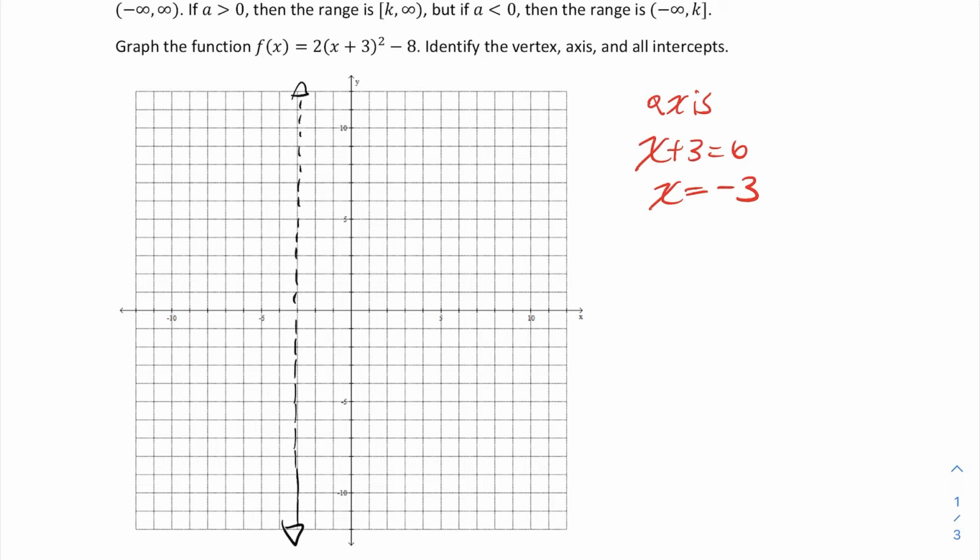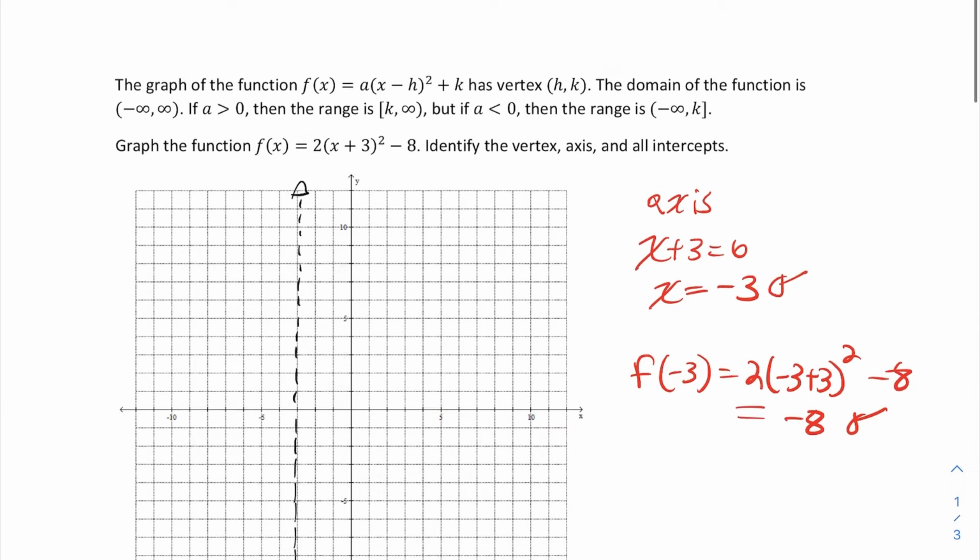And if I want to find out where the vertex is, I just have to find f of negative 3. Well, f of negative 3 is 2 times negative 3 plus 3 squared minus 8, which gives us negative 8. So h is negative 3, and k is negative 8.